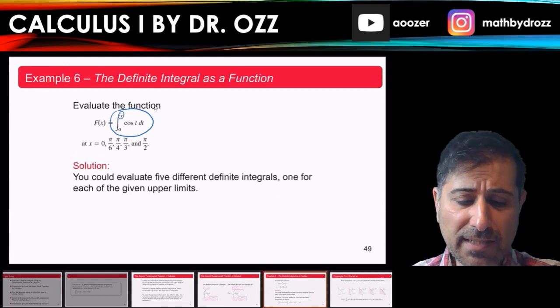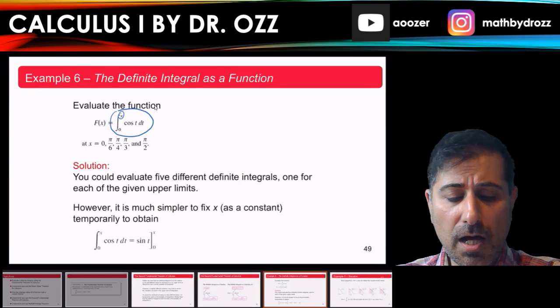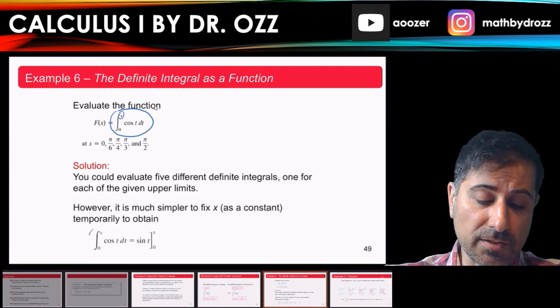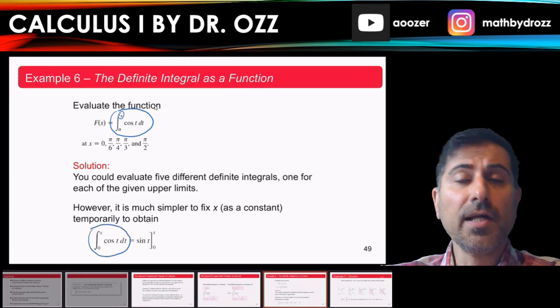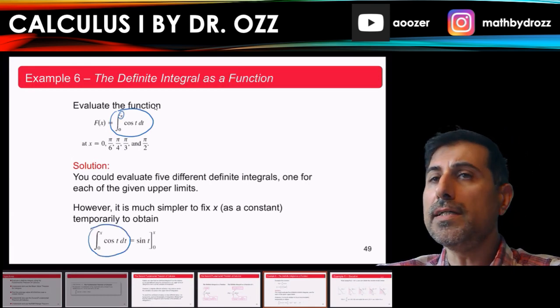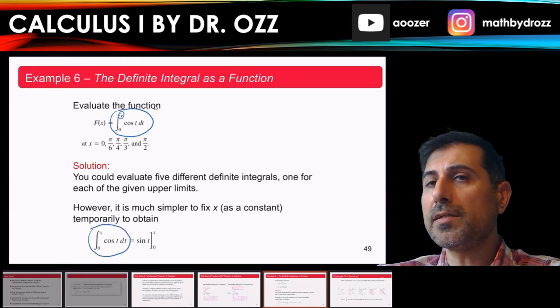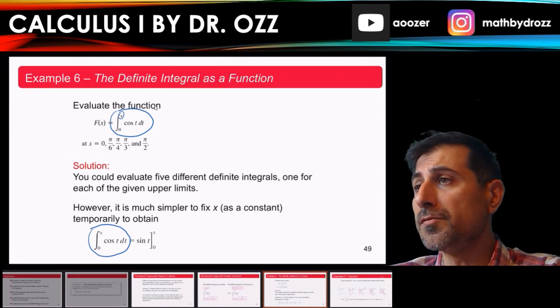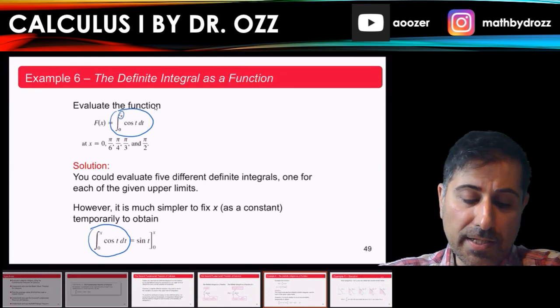To handle this problem, we use the first fundamental theorem of calculus, which allows us to evaluate this integral. All you need from it is an antiderivative of cosine t, and we know that it's sine t.